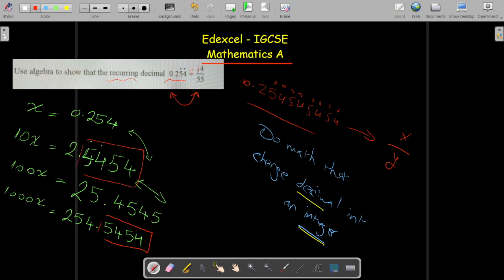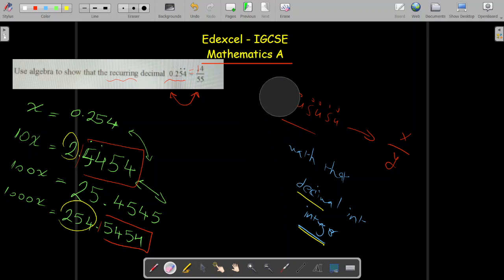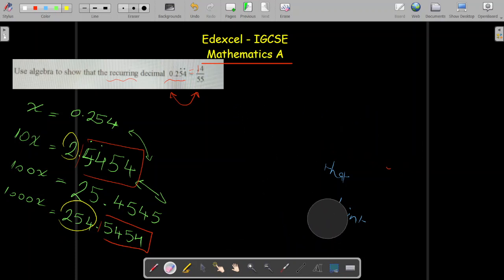It seems that if I subtract these two values, they can help me figure out an integer value, if you understand what I'm talking about. I'm going to erase this theory part so I can continue solving this.